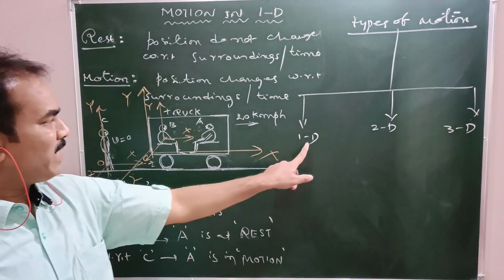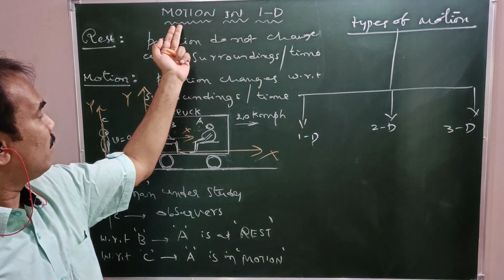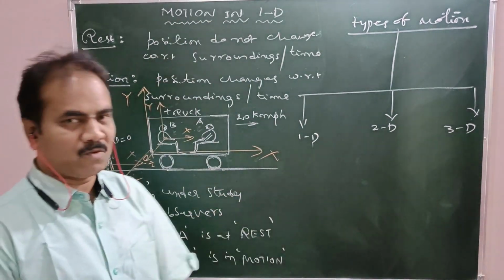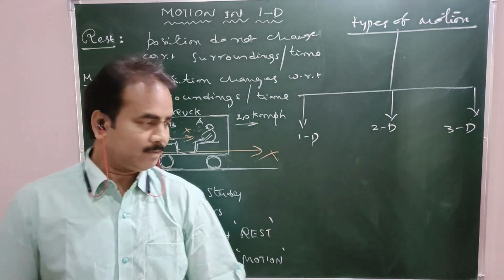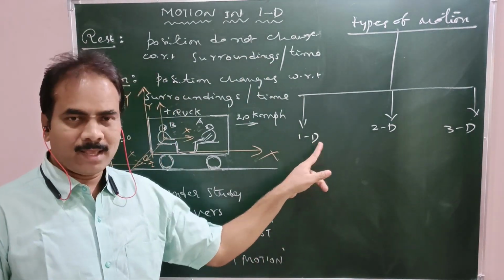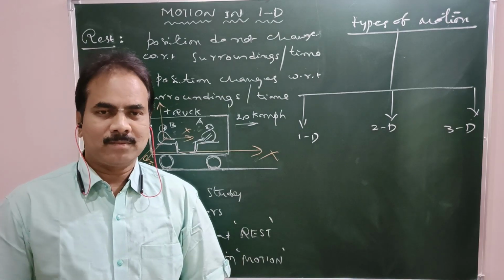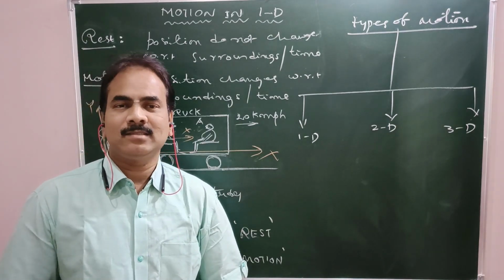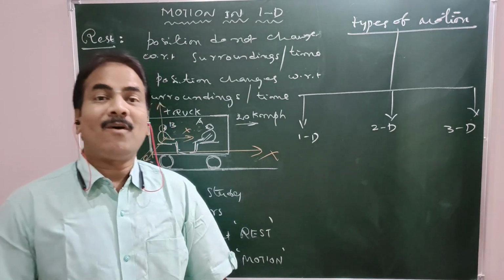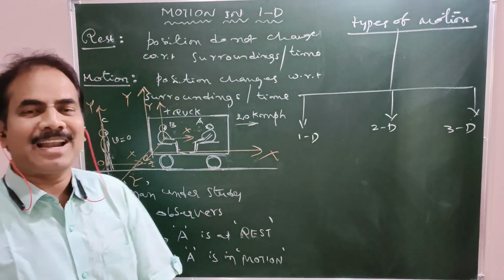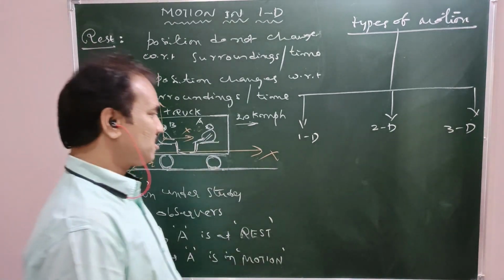Alright? What is meant by one-dimensional motion? Our chapter name is also motion in one dimension. One-dimensional means a particle is under motion along a straight line, then that motion is said to be one-dimensional motion, otherwise straight line motion, otherwise rectilinear motion.